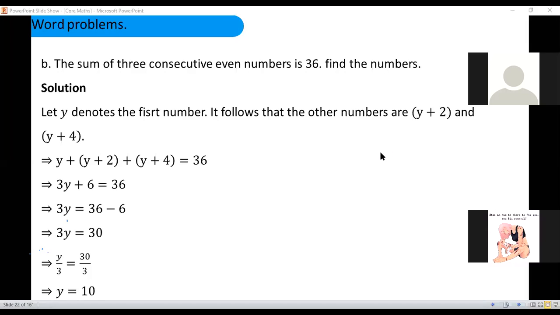Your third even number is y plus 2. Someone can say let my first even number be y plus 100, then the next must be y plus 102, then y plus 104. It depends how you define your first number.